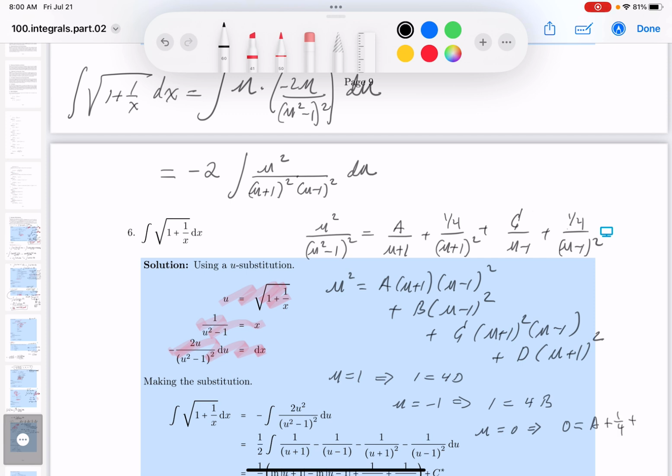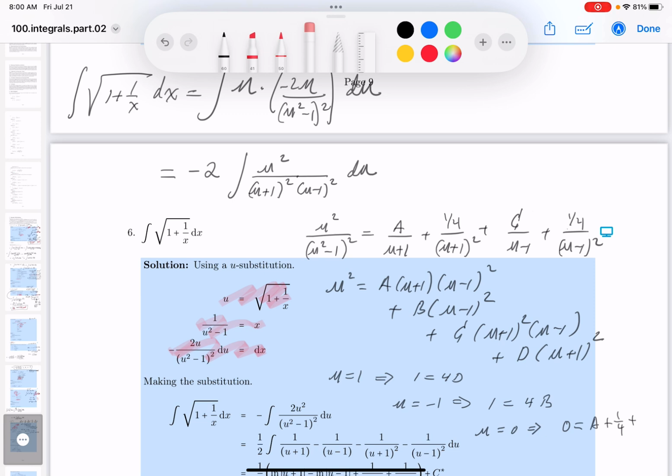And then you're going to get a C. Let me make sure I'm doing this right too. Be really careful. If I chose 0, yeah, B, I get a quarter. Let's see, if I chose 0 for the C, what do I get? I get minus C, actually.